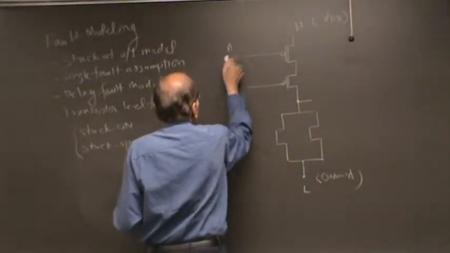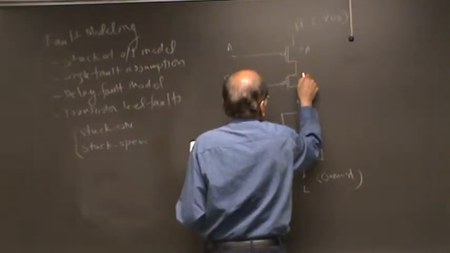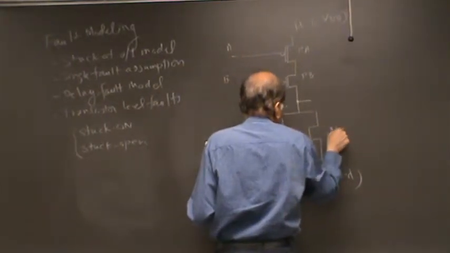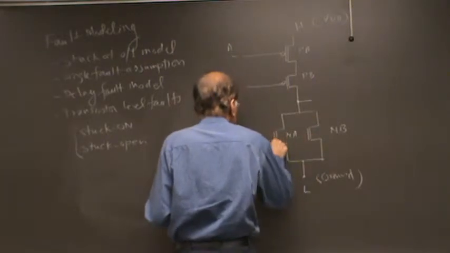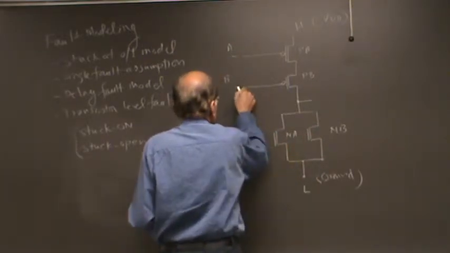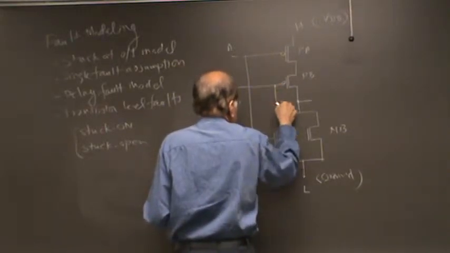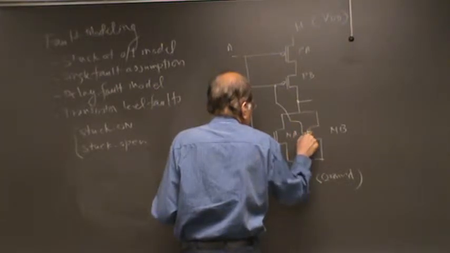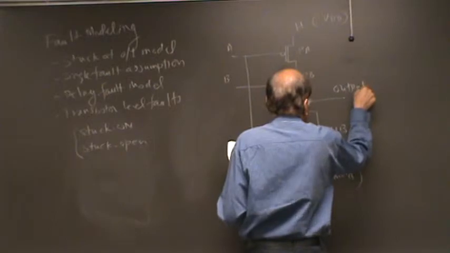And here is input A, and here is input B, and let's call these PA and PB, and let's call these NA and NB. And here's the output.